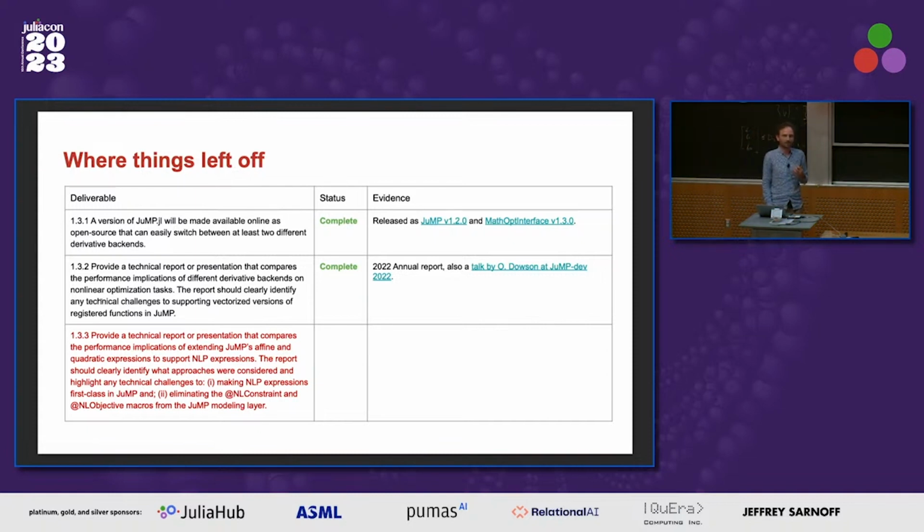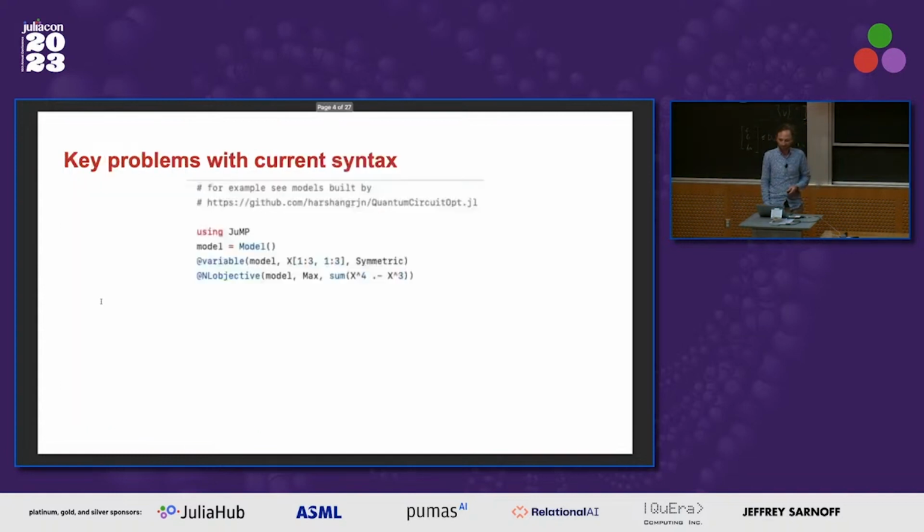about the difference in JMP of how you can model nonlinear programs versus everything else. They sent me one of these examples, which is something they would like to solve, where they have a model with some symmetric matrix, and then it's got some things in the objective that are higher order powers. Maybe they want to do some matrix subtractions between two things, and then sum. Anyone who's written nonlinear models in JMP can easily see that this currently doesn't work.